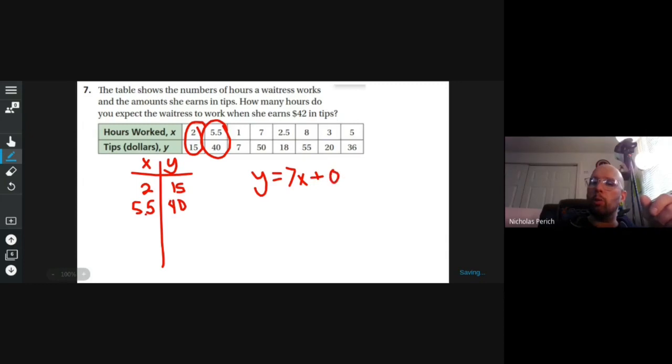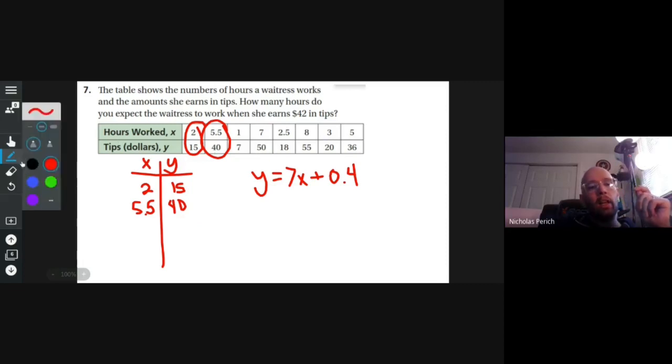How many hours do you expect the waitress to work when she earns $42 in tips? So my tips are going to be Y. So what I need to do is replace Y with 42.